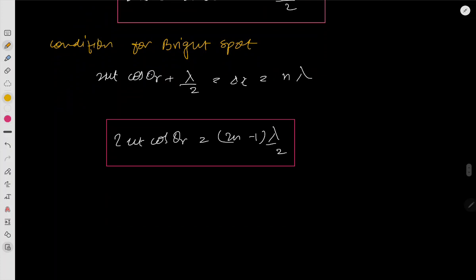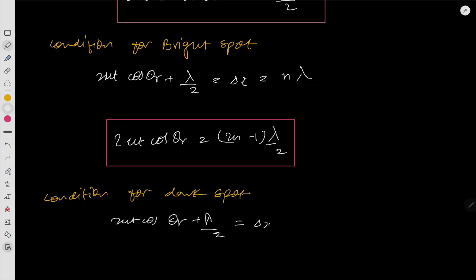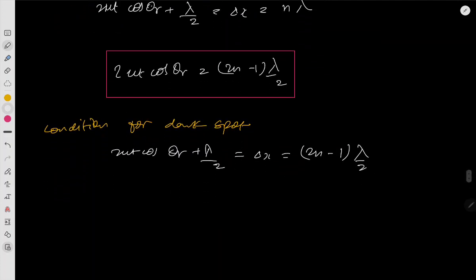And if we go further and derive the condition for dark spots, then we get 2 mu t cos theta r plus lambda by 2 equals to the path difference, which should be equal to 2n minus 1 lambda by 2, and upon solving we get 2 mu t cos theta r equals to n lambda.